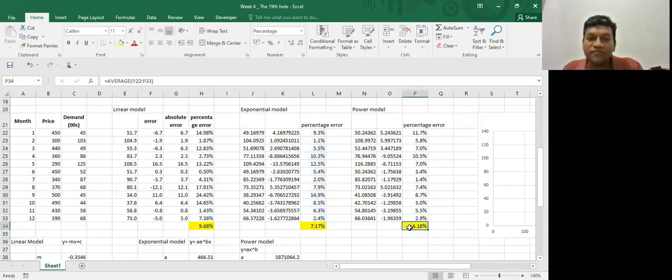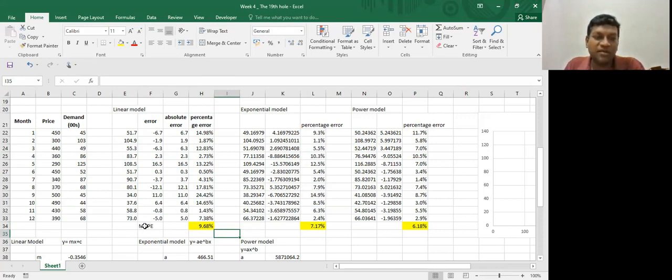So I have the percentage error again for this. So what is called MAPE, mean absolute percentage error. Okay, so nothing but average, that is a mean, percentage error, mean, absolute, because the negatives and the positives cancel out, so we need to take the absolute value.